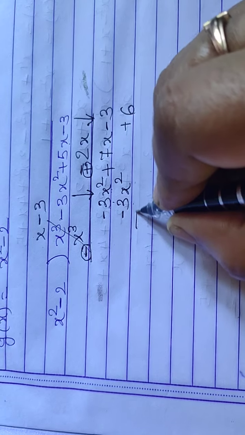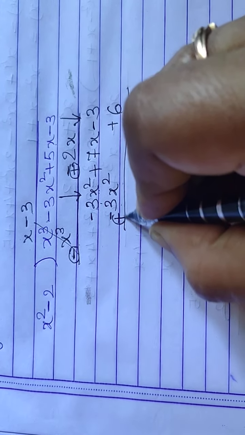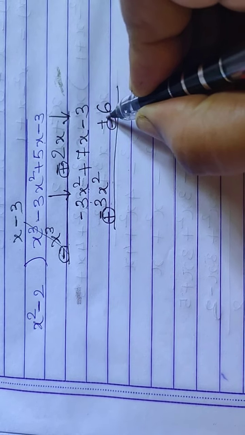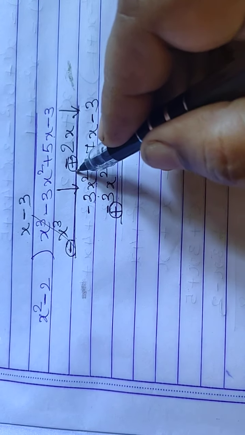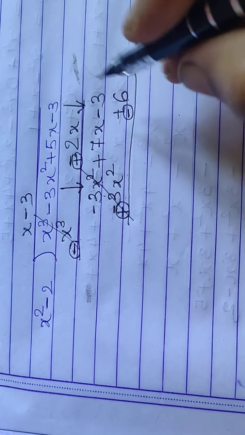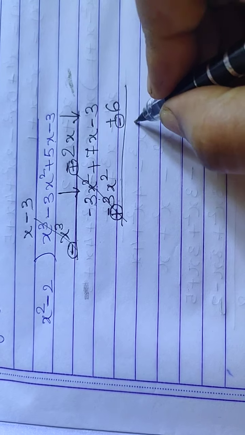Understood? Then again change the sign. This will become positive, and this will become negative. Now minus 3x squared plus 3x squared will get cancelled, and minus 3 minus 6 becomes minus 9.